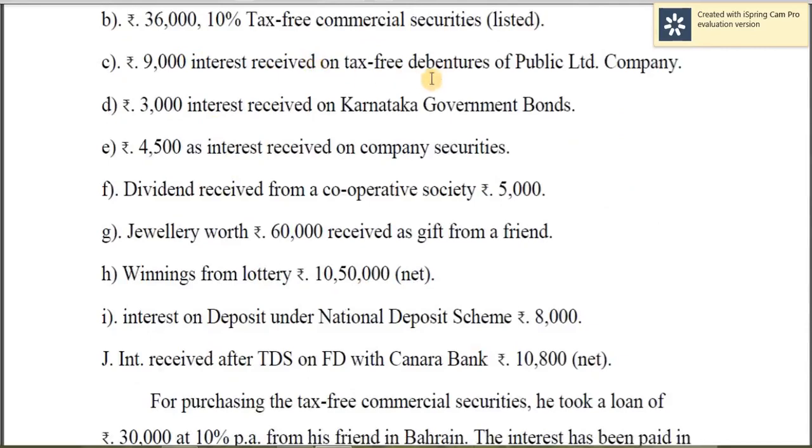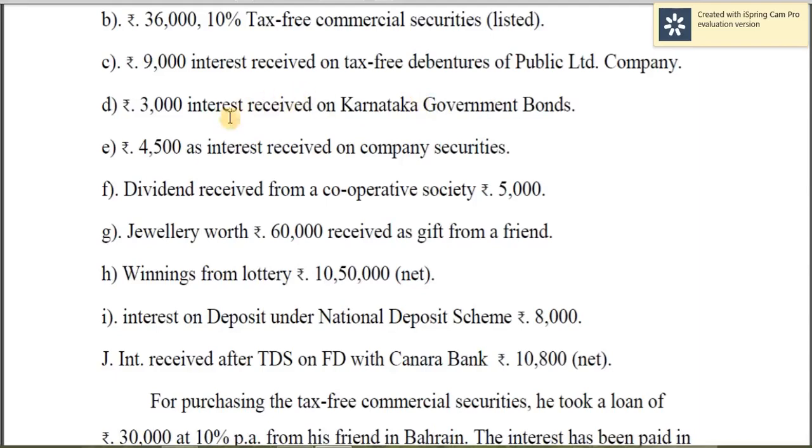Next, 9,000 interest received on tax-free debentures of a public limited company. This is also a tax-free commercial security. Here the amount is given. Whether the rate or the amount is given, it should be grossed up. So 9,000 should be grossed up: 9,000 divided by 90. Then 3,000 interest received on a Karnataka government bond. This is a taxable government security.